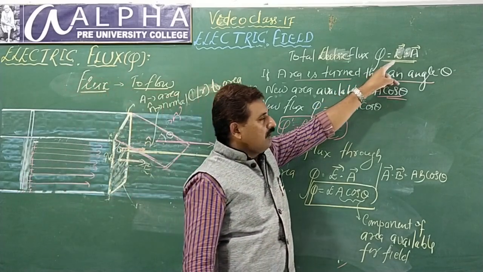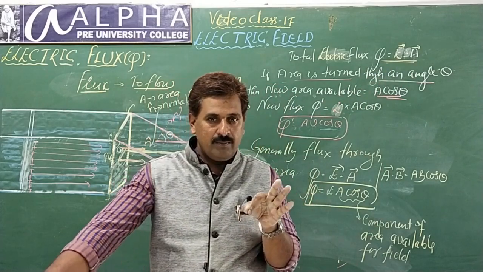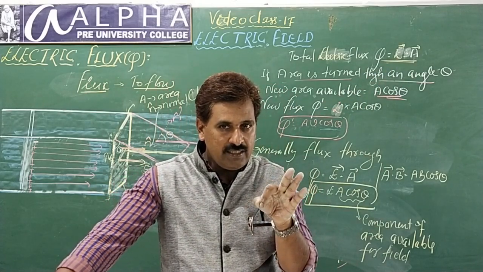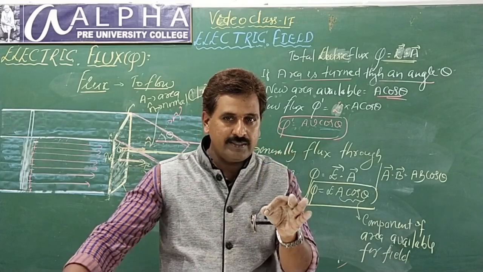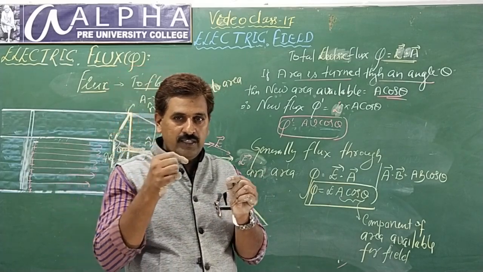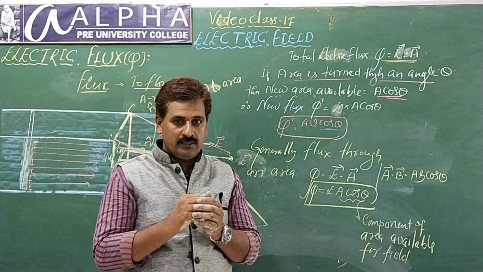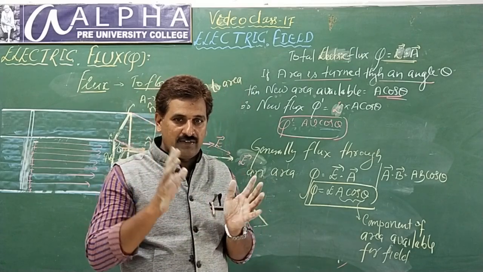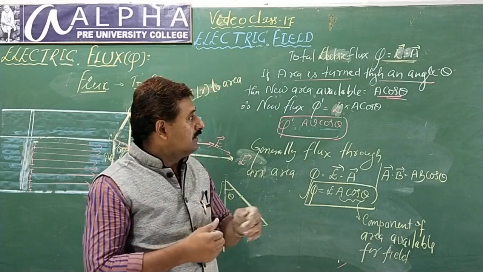Flux is a dot product of E and A. Why dot product, students? Because how much area is available for the electric field? A cos theta. When cos theta comes into the product of two vectors, area and electric field, it is called a dot product. Last year you learned, right?